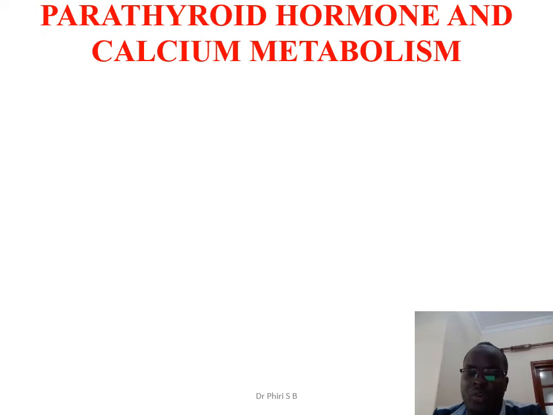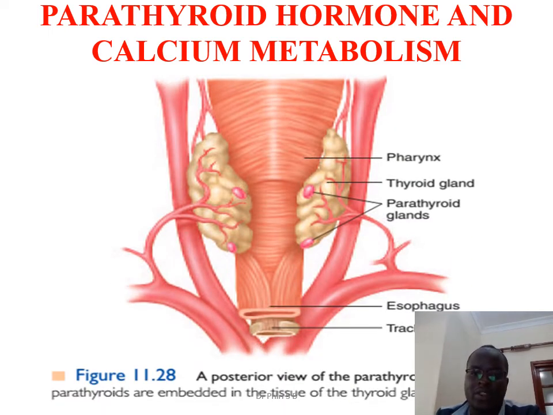The parathyroid hormone is produced by the parathyroid glands that are located on the caudal or posterior aspect of the thyroid gland. So behind the thyroid gland, that's where you find two pairs of parathyroid glands. You can see the posterior aspect, or the thymus, and the parathyroid glands embedded within the thyroid tissue.